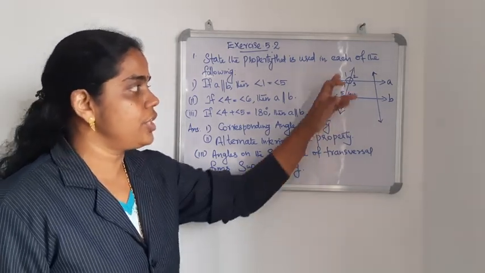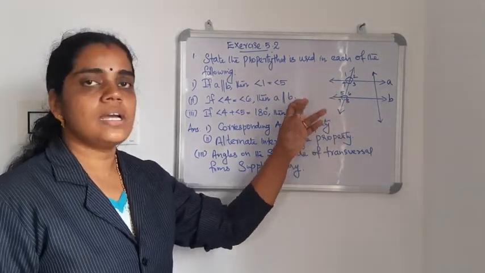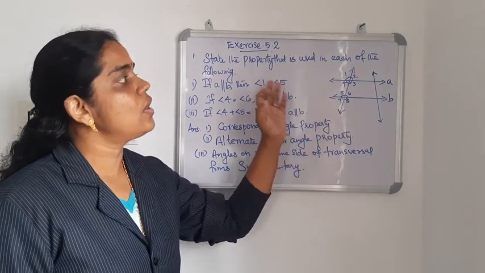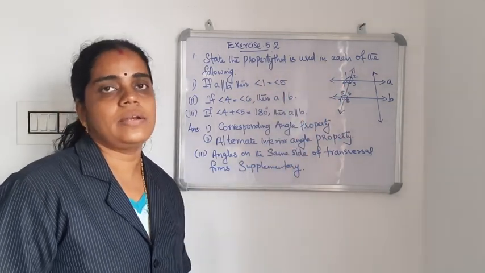So first of all, you need to understand the different names and properties. They hold only if the two lines are parallel. Clear?